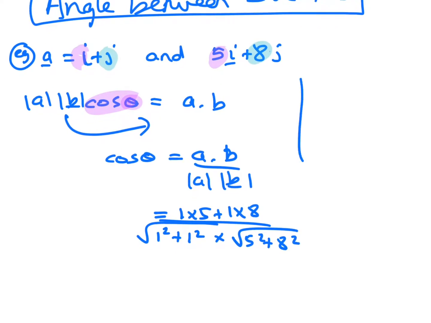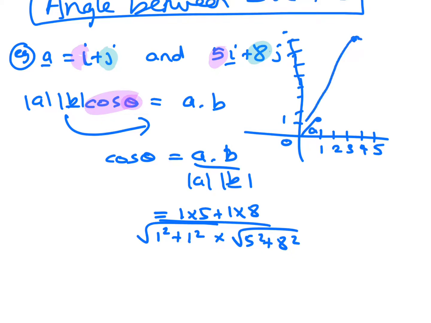Now, I just want you to think about this. If I plotted those two points, this one would be 1, 1. That would be A, and the other one would be 5 across and then all the way up to 8. So it's somewhere up here.